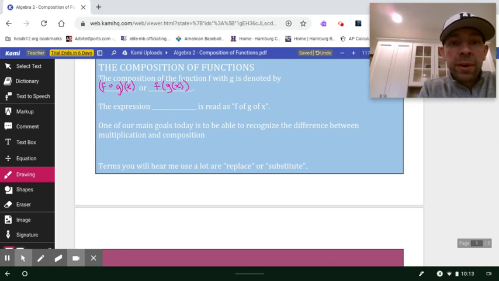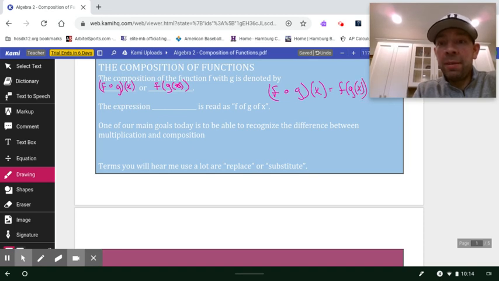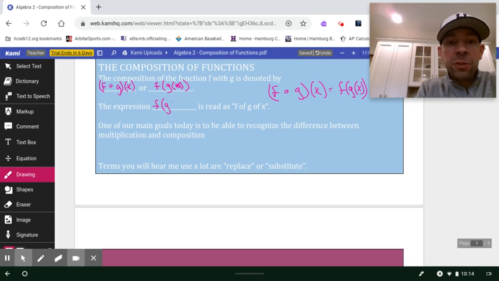I want to emphasize those are equivalent. It doesn't matter which version you see on a quiz or a test or homework, whatever the case. And that expression, when you see f of g of x, it's going to be read just how I'm trying to pronounce it here, f of g of x.